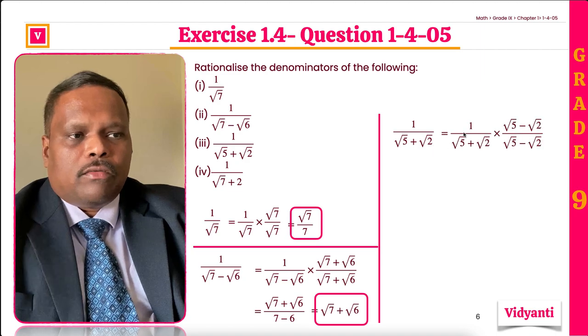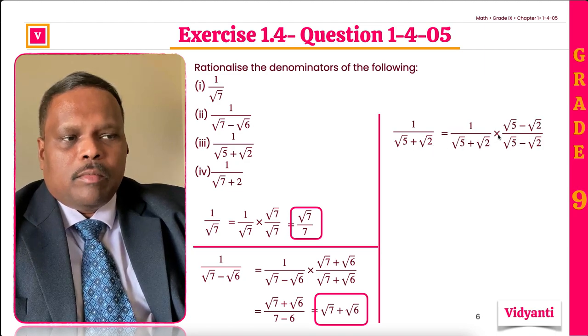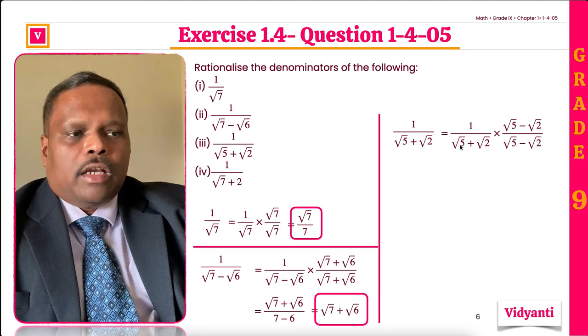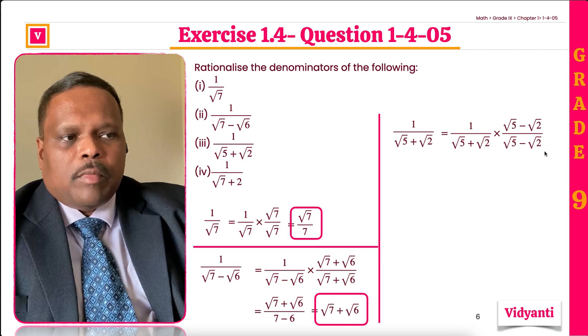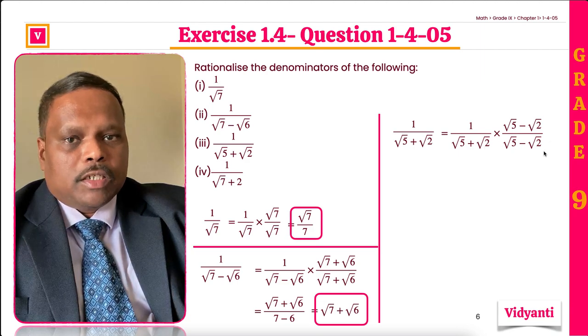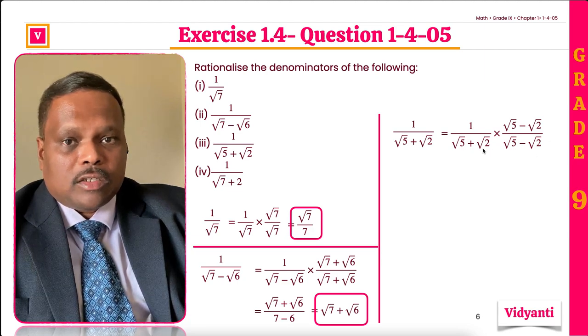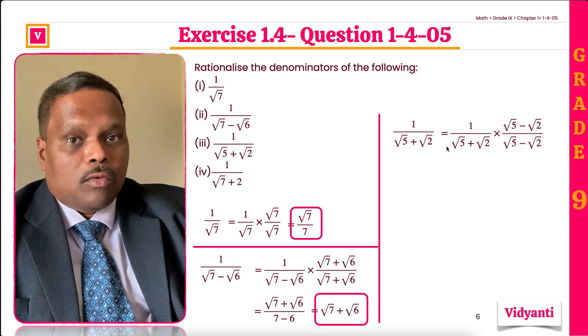So we'll take the fraction as it is, and multiply by root 5 minus root 2 in the numerator and denominator. Since we are multiplying both numerator and denominator with the same number, the value of the fraction is intact. Again, this is a plus b, a minus b. The multiplication of a plus b and a minus b is a square minus b square. So in that process, these individual terms will get squared, and their square roots will now disappear.